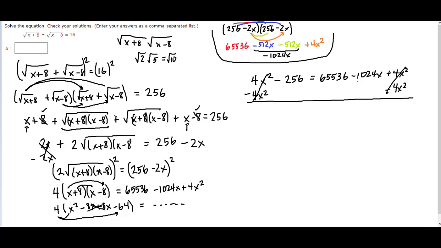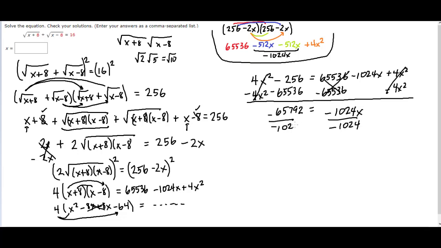So now remember, with linear equations, we actually get the x on one side and the numbers on the other. So I'm going to take this 65536 and subtract it from the right hand side and put it on the left hand side, and that's going to give me a linear equation solution, so negative 1024x, and then when I add those two together I get negative 65,792, so I divide both sides by negative 1024.